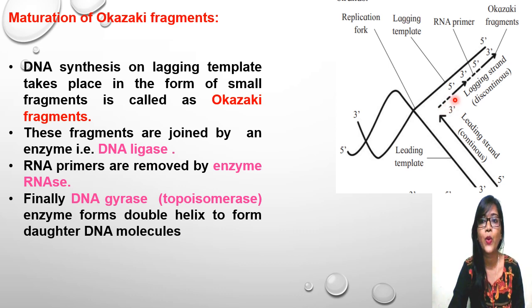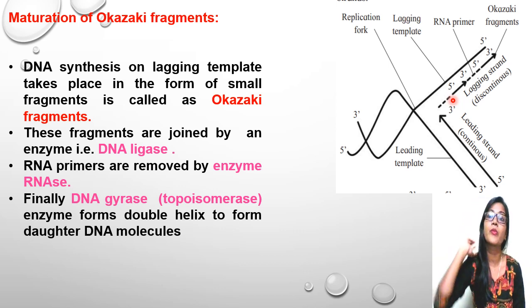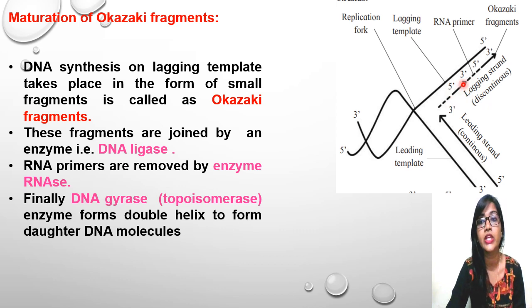So at this point, the DNA polymerase gets attached and moves to the next blank space, to the next RNA primer. So this arrow is the lagging strand of the DNA, and again there is an RNA primer, and again there is formation of a strand. So it occurs in segments, and that's why this strand is the lagging strand and it is discontinuous.